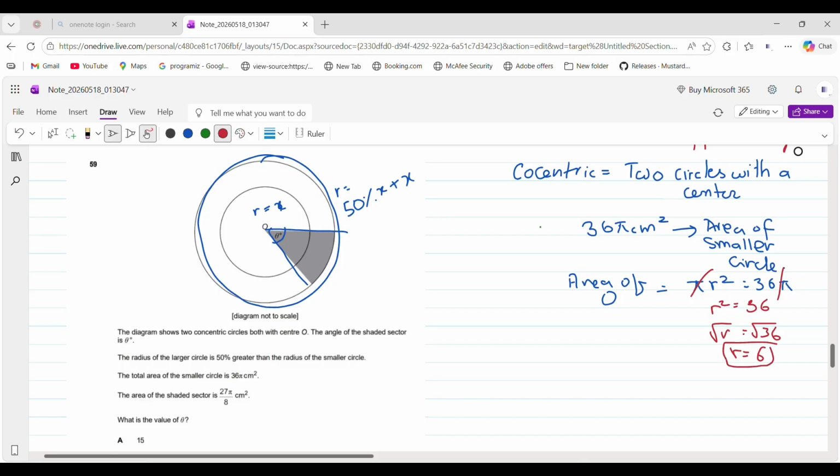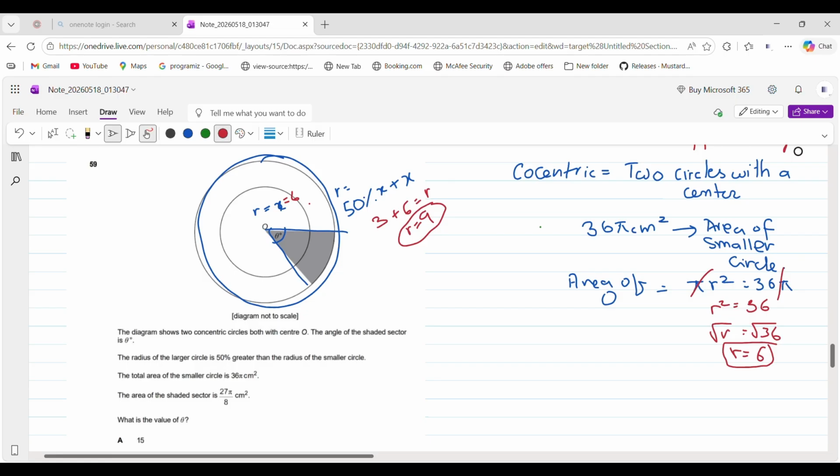Square root of 36 is 6 because 6 into 6 is 36, right? So the radius of the small circle we have found is 6. Then the radius of the larger circle would be 50% of x, so 50% of x is 3, plus the x value 6, so r we have gotten is 9. And this 9 is the radius of the larger circle.